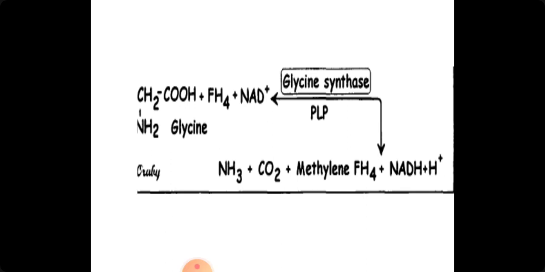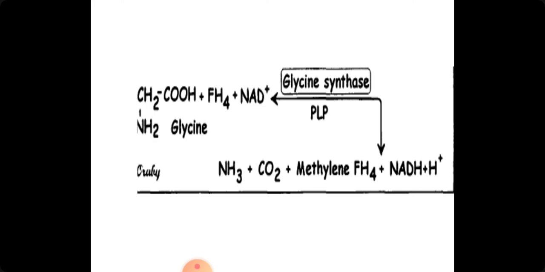The reaction is shown: glycine plus FH4 plus NAD gives NH3 ammonia, CO2 carbon dioxide, and methylene tetrahydrofolate plus NADH. This is the catabolic reaction. If the same reaction goes in the backward direction, then glycine is formed from methylene tetrahydrofolate, ammonia and carbon dioxide.